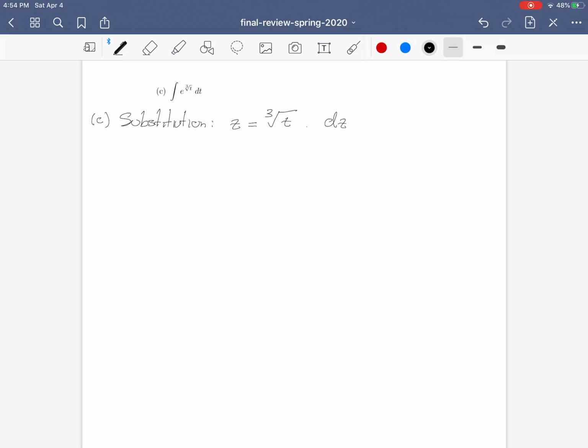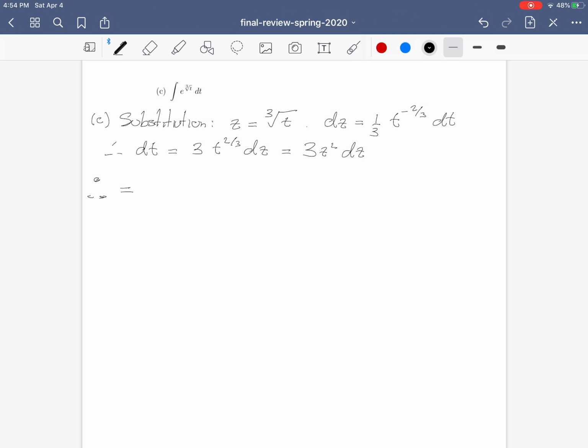So this gives me dz is equal to 1/3 t to the negative 2/3 dt. And therefore, if I rearrange this, I get dt is equal to 3 t to the 2/3 dz. And now I can rewrite this in terms of z as 3z squared dz.